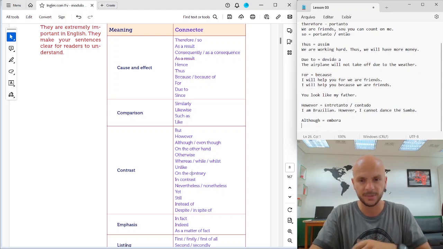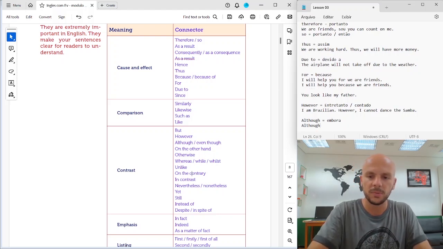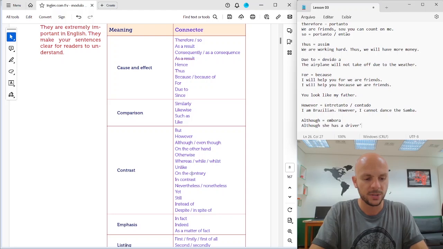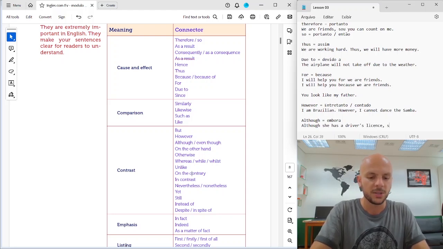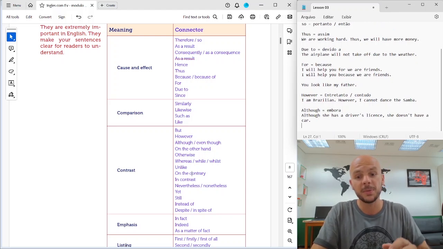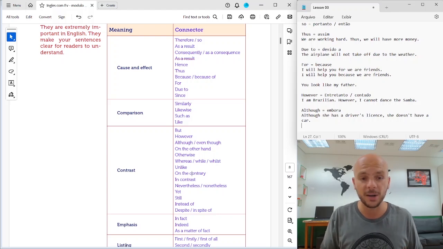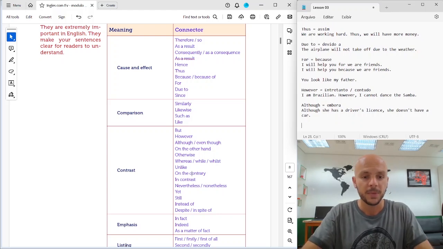Embora. Although she has a driver's license, she doesn't have a car. The opposite. Embora, although she has a driver's license, she doesn't have a car.